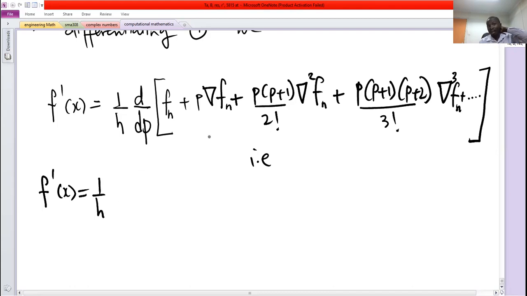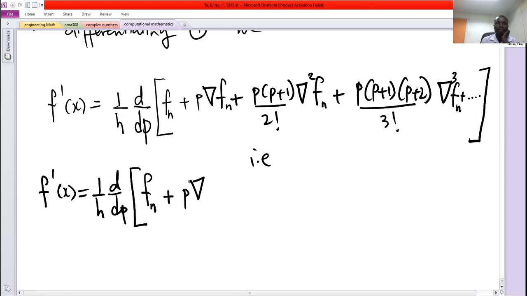So that we can carry out this differentiation with respect to p easily, let's expand this term. So we'll have d dp of, the first one you just have fn plus p backward fn. Now when you open this bracket here, we'll have p squared plus p over 2 second backward of fn.